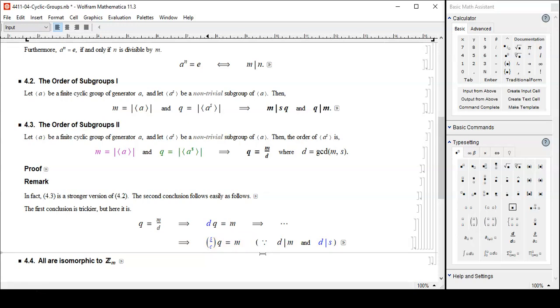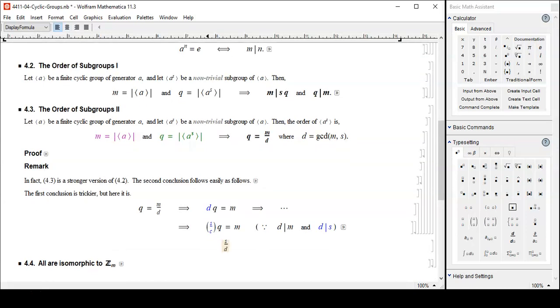Well, D is a GCD, so it's a common divisor of M and S, so D divides M, and also D divides S. Therefore, S over D should be an integer. Let's say that integer is C. Then D is S over C.